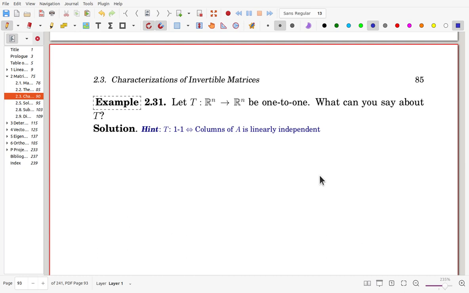If T from Rn to Rn is 1-to-1, what can we say about T?